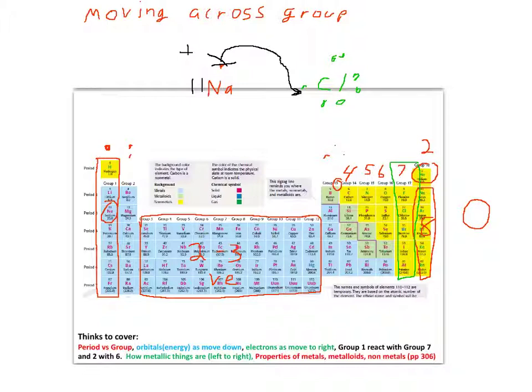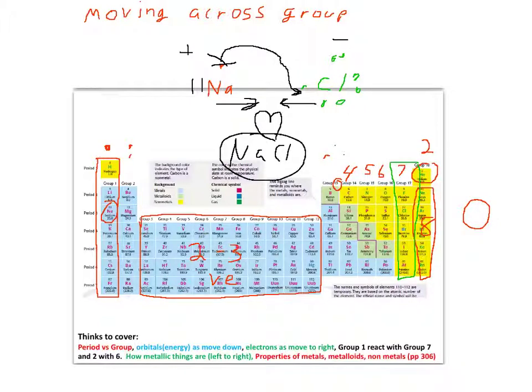And chlorine just gained an electron, so chlorine had 17 protons, and now it has 18 electrons, so that puts a -1 charge on chlorine, and that makes these two atoms attracted to each other because they have a positive and negative charge, and they form what's called an ionic bond called sodium chloride, NaCl. And now it's very stable. They're attracted to each other because they have a charge.